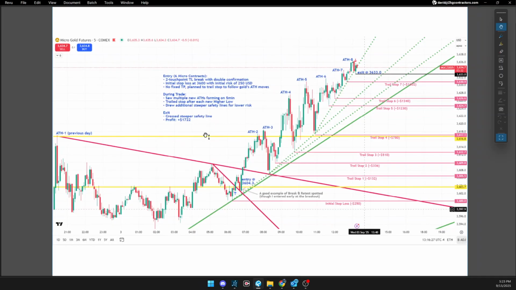Again, he's got his whole plan. He's seeing his play work out. He broke the all-time high, and he's tracking his all-time highs during it, and he's trading a 5-minute time frame, by the way. Here was his initial stop loss. He trailed up here.